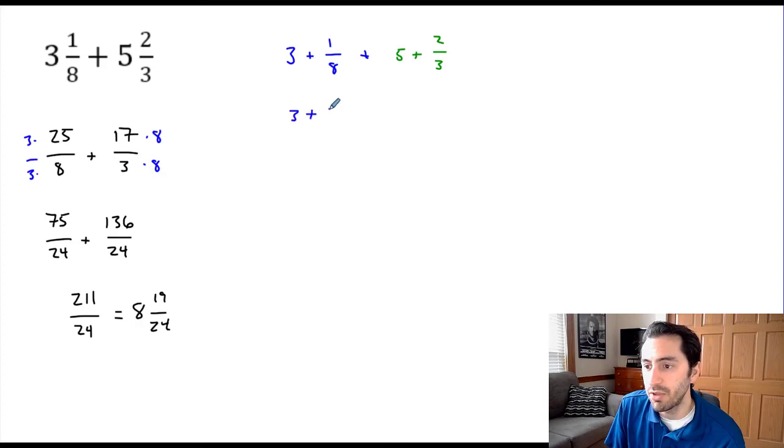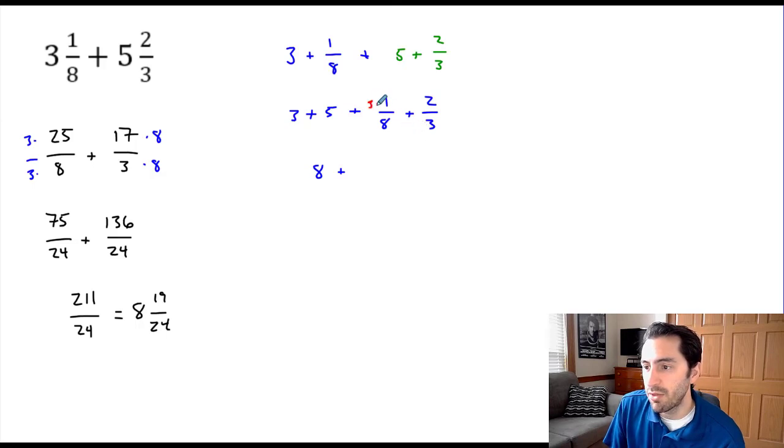We can do 3 plus 5, our two whole number parts. And then we can look at 1/8 and 2/3, the two fraction parts. So 3 and 5 is 8. And now for our fractions, we do need to get a common denominator there. It is going to be 24, just like we had the first time through.